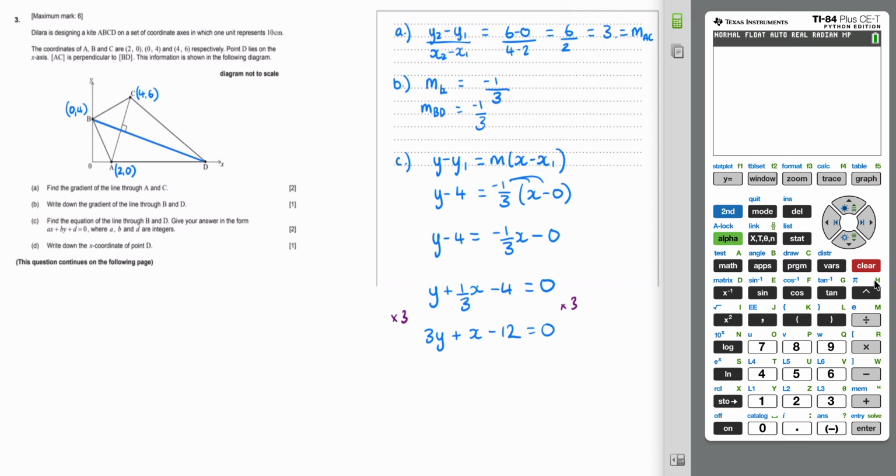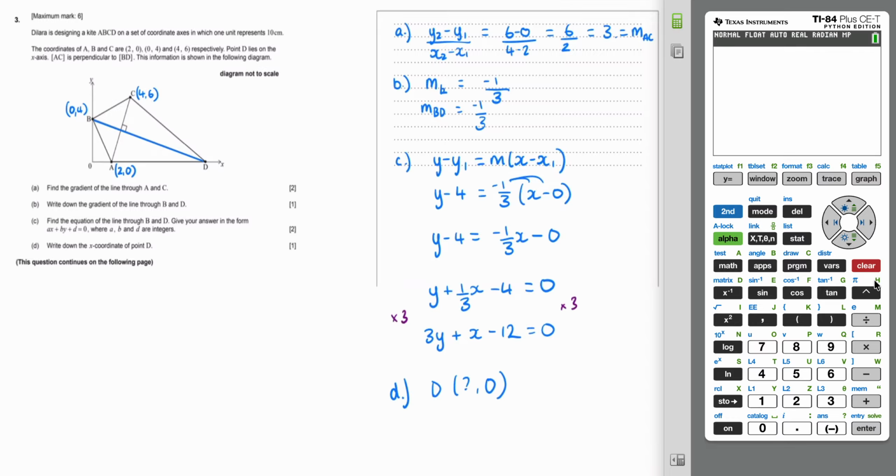And then the last part is part D. In part D, we're asked to find the coordinate point of D. We know that the y coordinate of D is 0, but we're trying to find the x coordinate. We know that the line goes through it, so we can use the equation of the line we've just found.